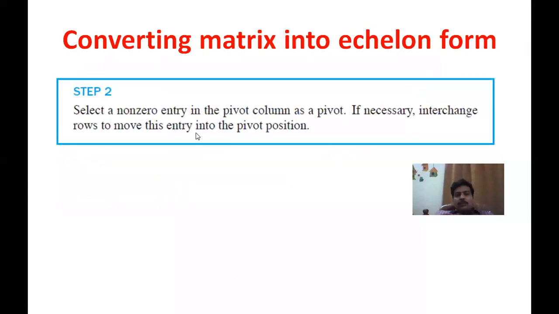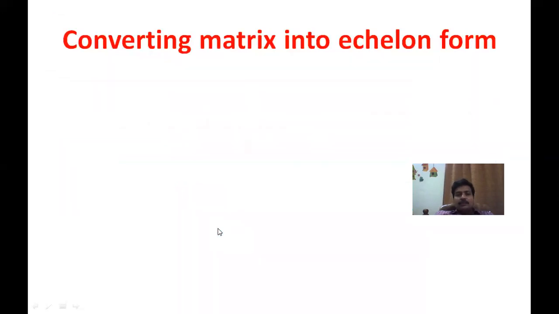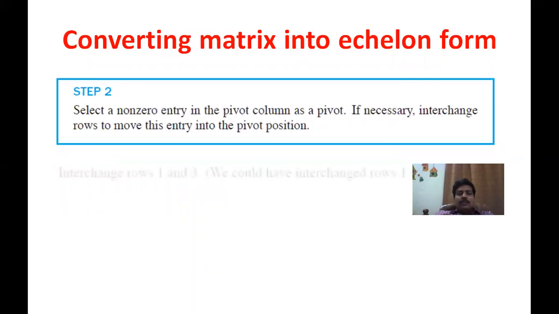So step 2, select a non-zero entry in the pivot column as pivot. If necessary, interchange rows to move this entry into pivot position. So here we observe that there are 2 non-zero entries. So I can interchange R2 with R1 or R3 with R1. I have 2 options. Of them I have selected the third row.